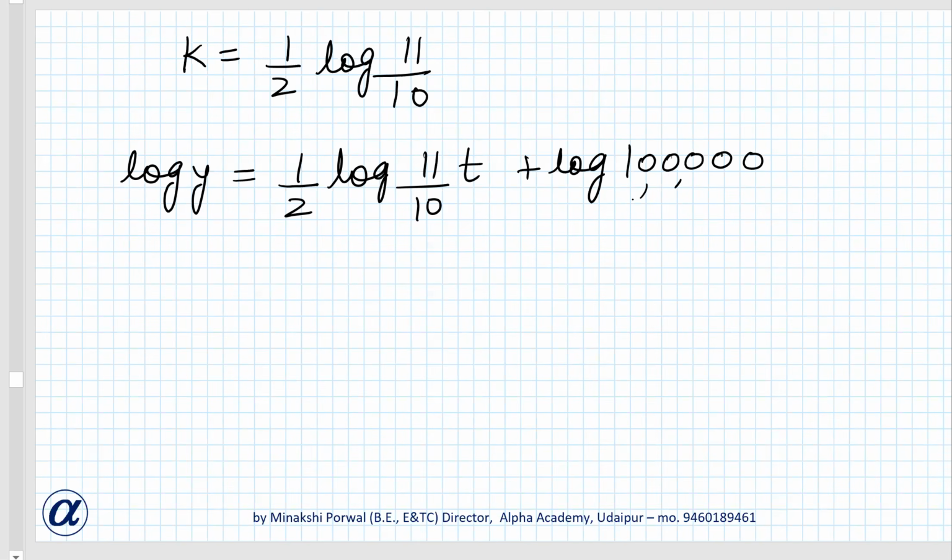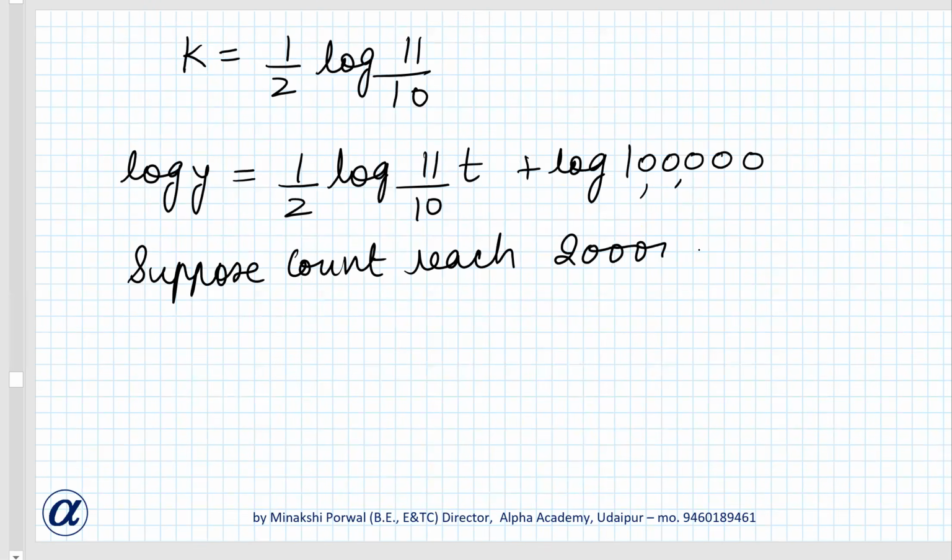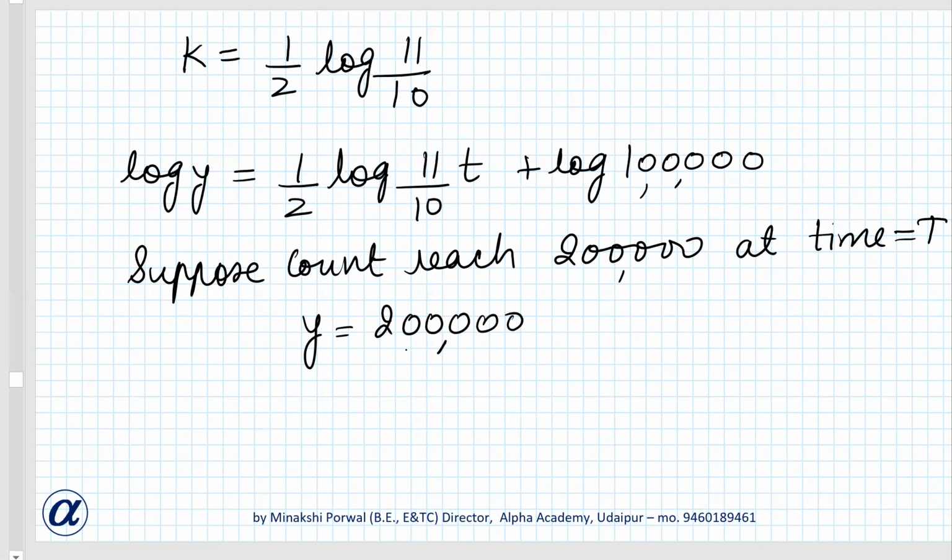Now it is given: in how many hours will the count reach 2 lakh? So suppose the count reaches 2 lakh at time t = capital T. That means y = 2 lakh and time t = capital T. In the above equation, we are going to substitute this y and t.